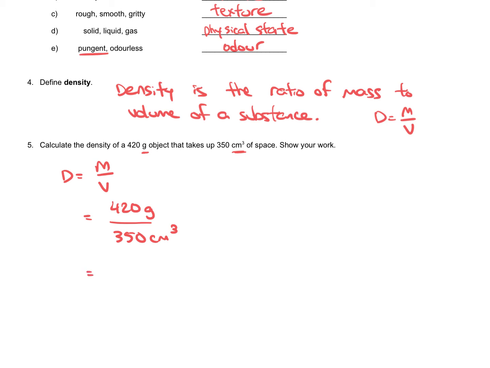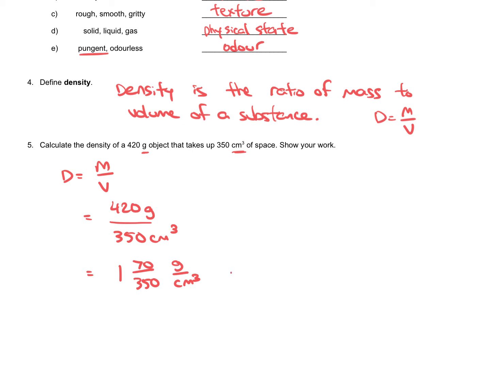So we can divide this. I don't exactly have my calculator with me, but this one is the same as 1 and 70 over 350 if I write it as a mixed fraction. And 70 over 350 is the same as 1/5 actually.